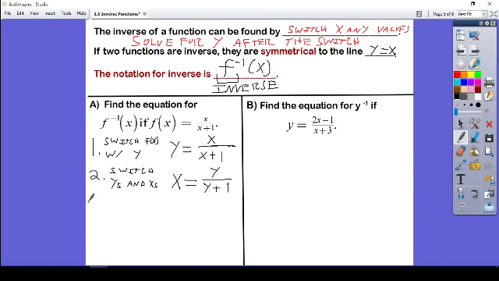All right, step 3 is to solve for y using algebra.